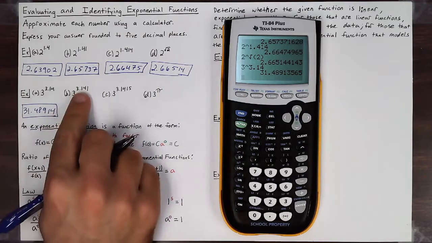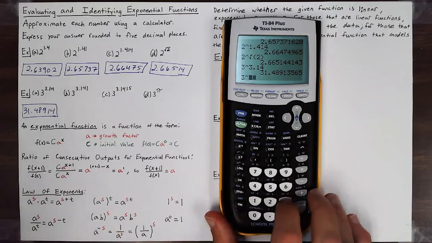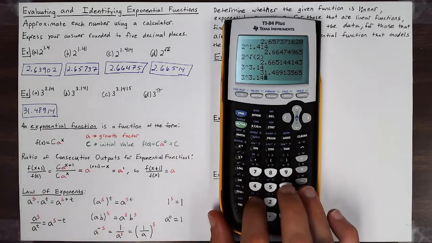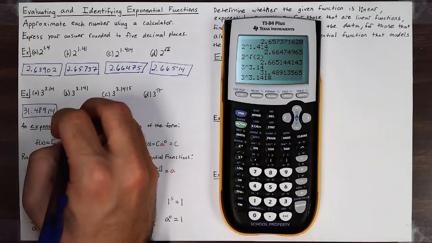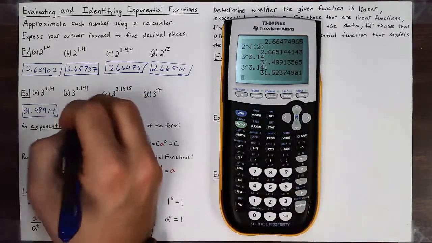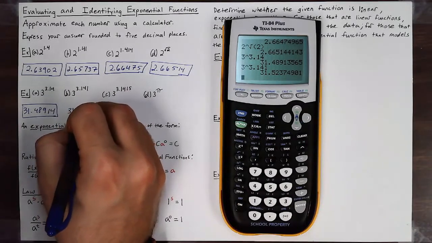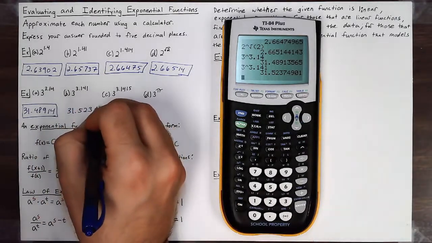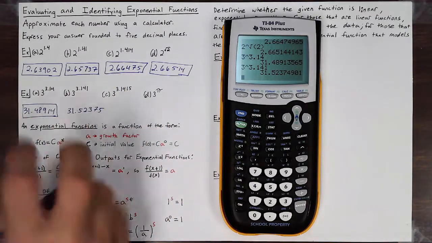But when I just add one more decimal place following pi, I get 3 to the 3.141, which is 31.52375. So you can already see a pretty big change just between the two of them.